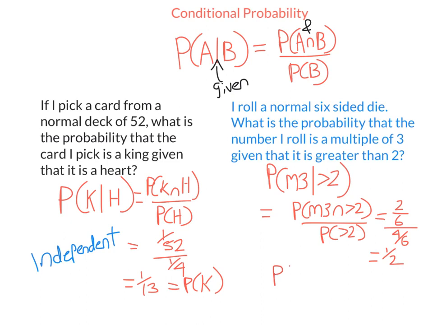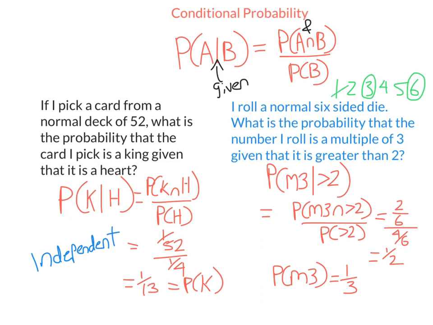But see, the thing is, if I just roll a die, the probability of a multiple of 3 is normally 1/3. There's 2 ways it can happen. You can get a 3 or a 6 out of 6 in total. So what happened is that the fact that I know the number is greater than 2 increases the chances it is a multiple of 3. That makes sense. These are the possible outcomes of a die. So normally I have these 2 possibilities for getting a multiple of 3, so it's 2 out of 6.